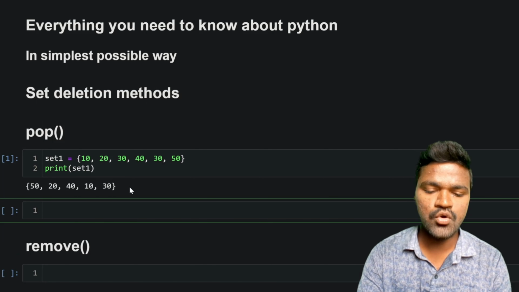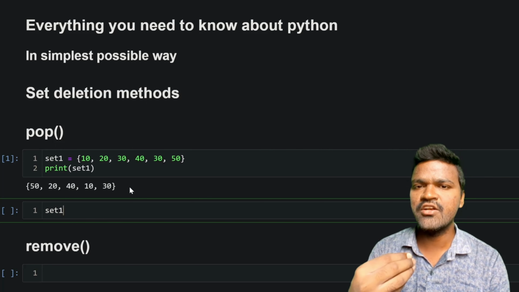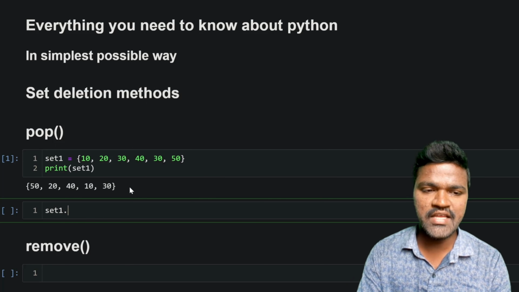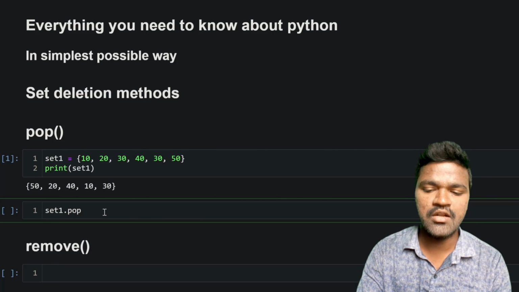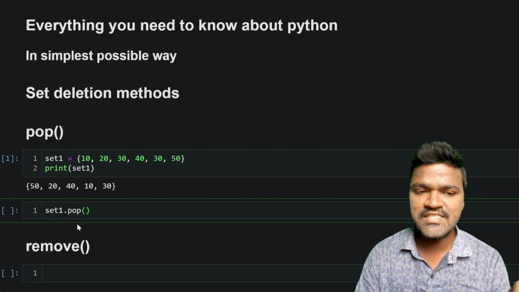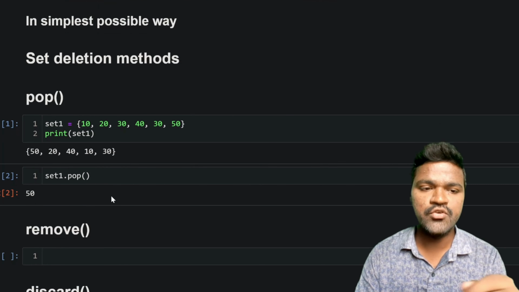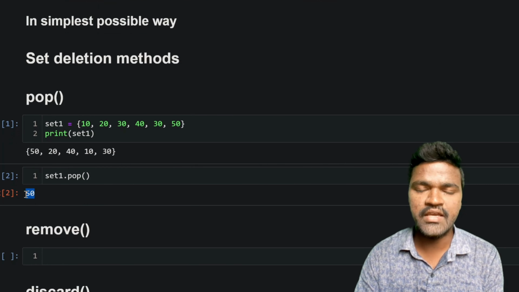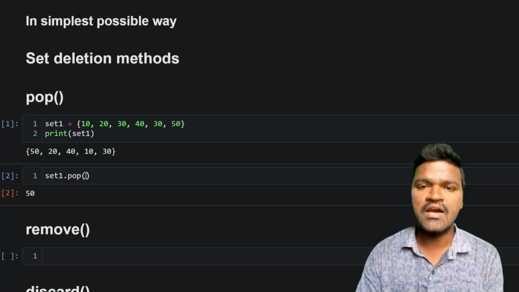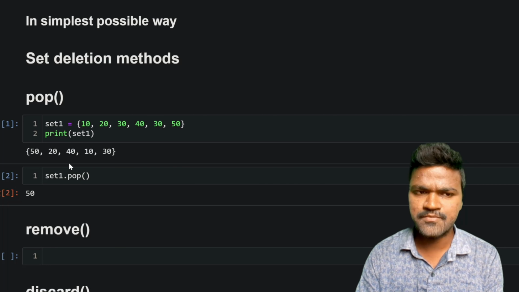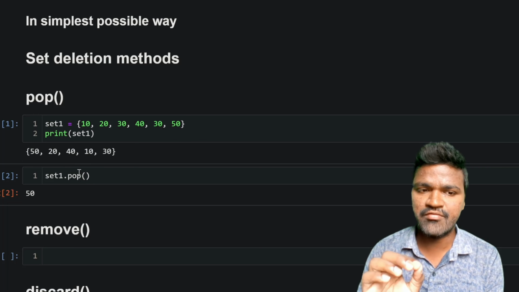So let us see how we can remove elements from this set using pop. I will take this set1 because from this set1 we need to remove elements. After that I will use a dot, and then mention pop. Now if I execute this code, you can see we are removing an element from this set. By mentioning pop, randomly the set function takes an element and removes it from the set.